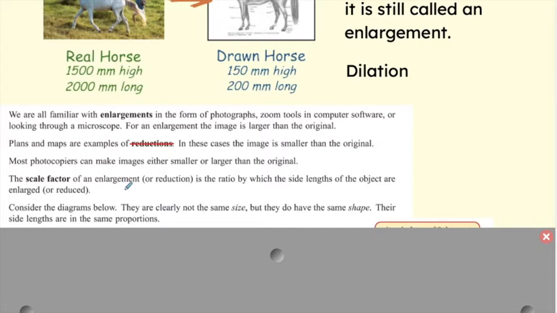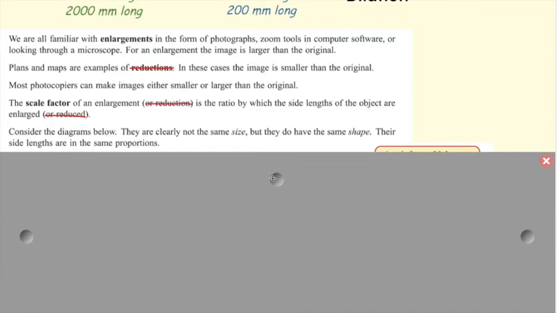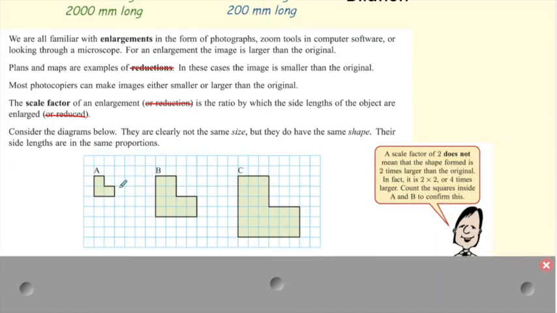So the scale factor of an enlargement is the ratio by which the side lengths of the object are enlarged. Consider this diagram below. They're clearly not the same size, but they do have the same shape. Their side lengths are in the same proportions.